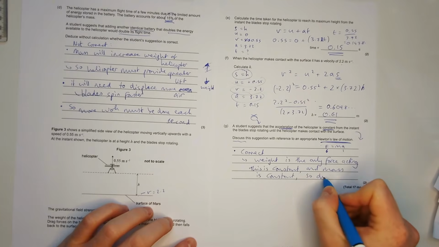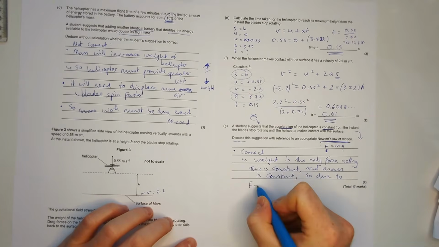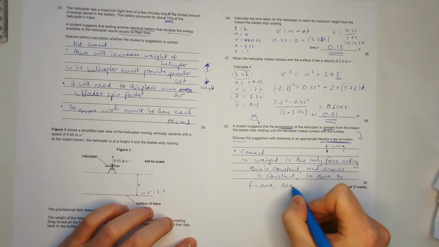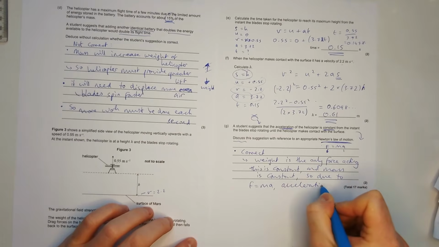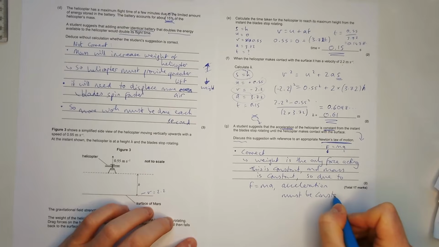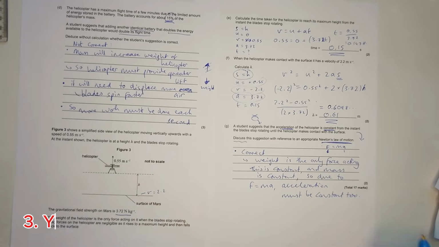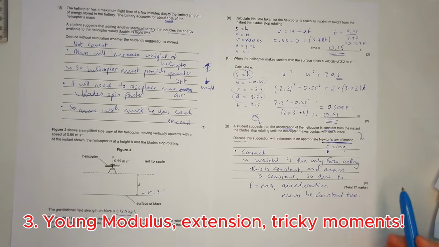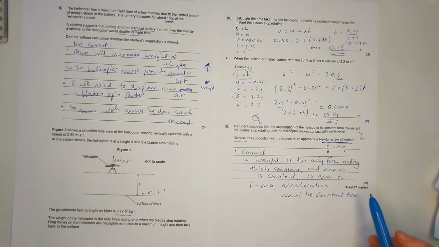So due to F equals ma, acceleration can't change, it must be constant too. There we go. Long old question, that whole one. But that's the helicopter one with lots of different forces and mechanics topics in there.